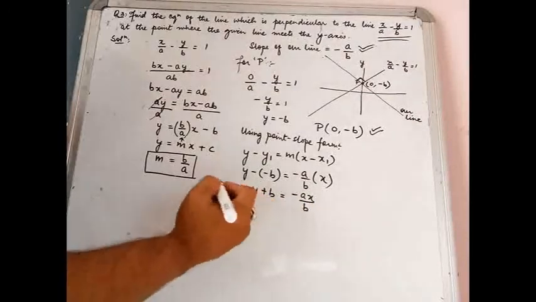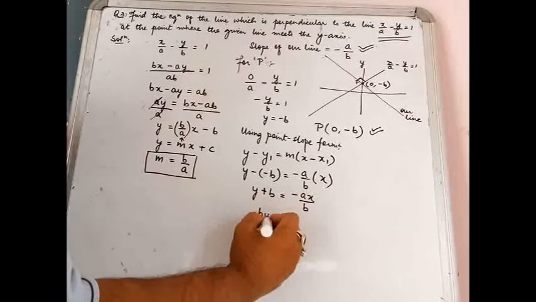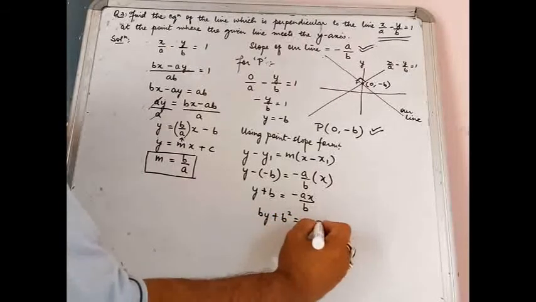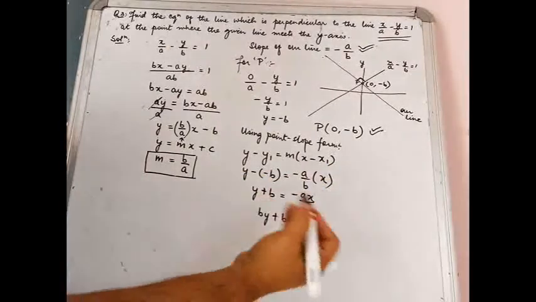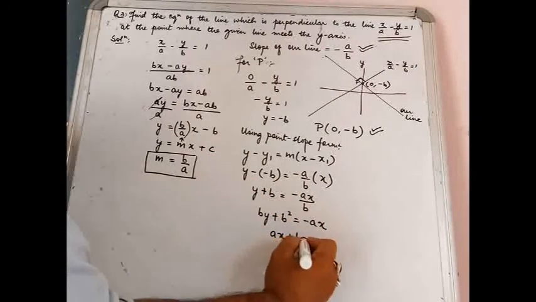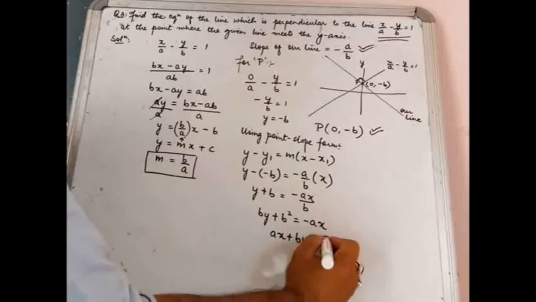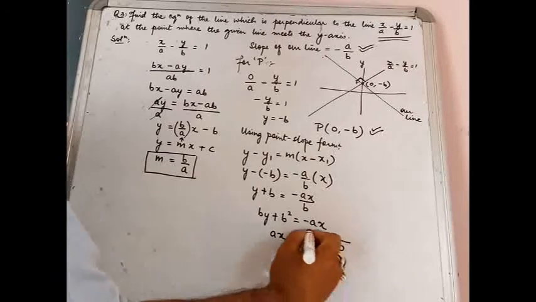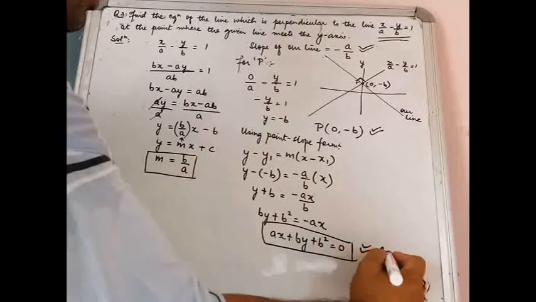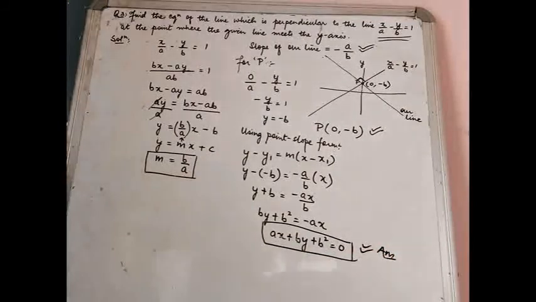This b can come to this side, so it will be by plus b square is equal to minus ax, or you can bring everything onto the left side. You can say ax plus by plus b square is equal to 0. So this is the final answer for the line that was asked.